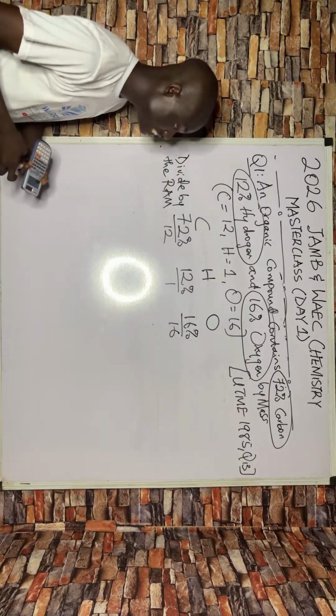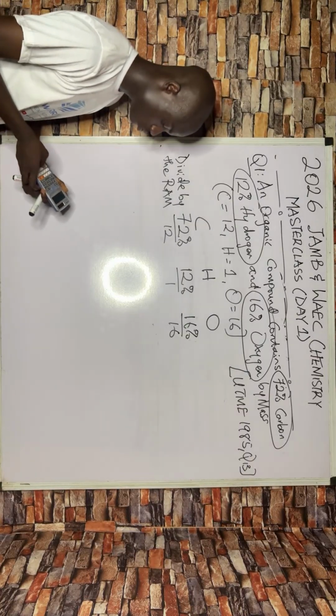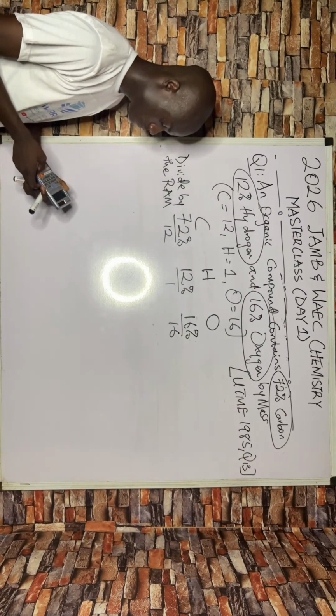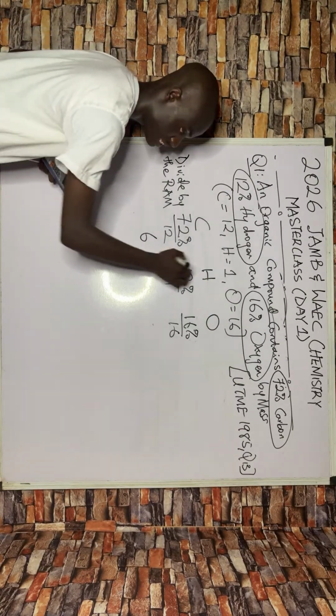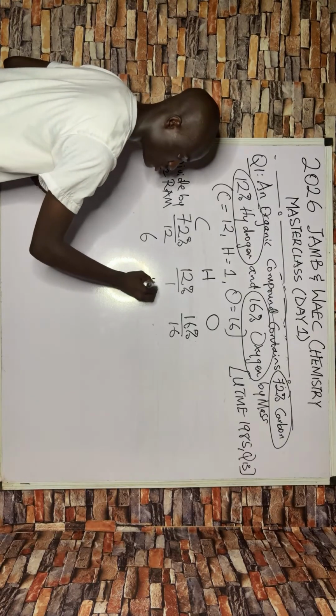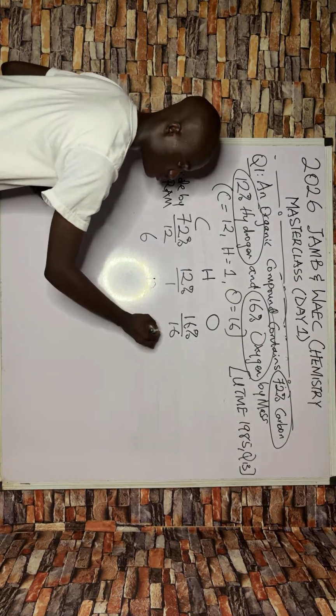So we divide carbon by 12, hydrogen by 1, and oxygen by 16. So 72 divided by 12 gives us 6. 12 divided by 1 gives us 12, and 16 divided by 16 gives us 1.